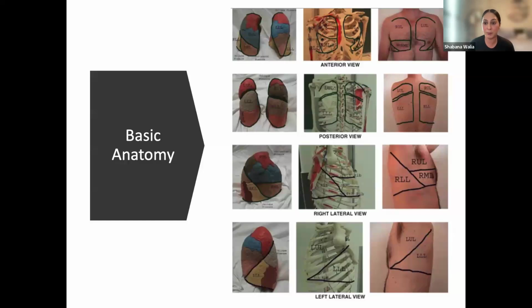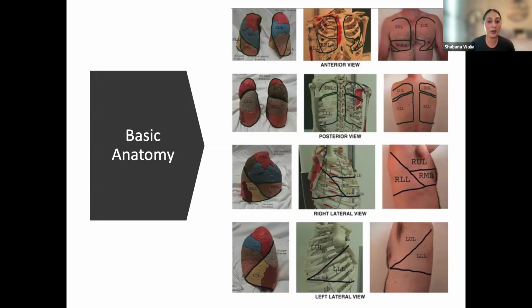So understanding the lung exam is really enhanced by recognizing this relationship between all of these surface structures and what's underneath in the basic anatomy. So you see in the first picture, the anterior chest, how much the upper lobes take up of the anterior chest. And then going all the way down, posterior view, left lateral view, and looking at the posterior chest, you're seeing the posterior view is for the majority made up by the lower lobes of the lungs. Okay.